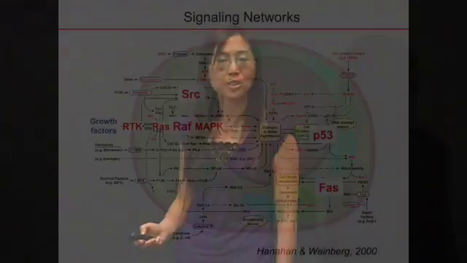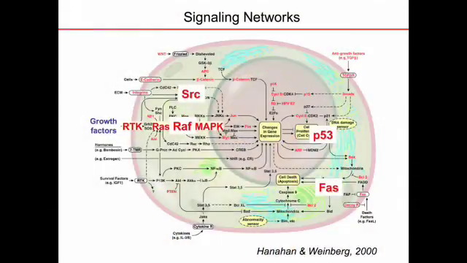In addition, many of you must have heard of p53. p53 also undergoes alternative splicing, and it is known that different isoforms of p53 perform different roles in cells. Other examples include FAS, as I just pointed out, and RAF in the Ras-MAP kinase signaling.